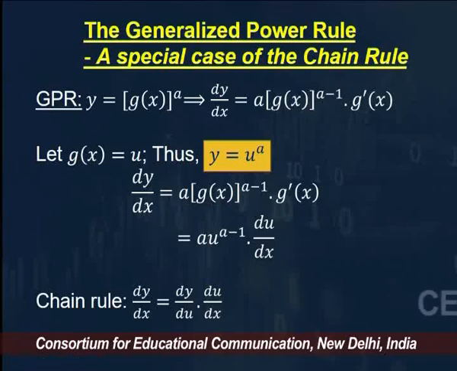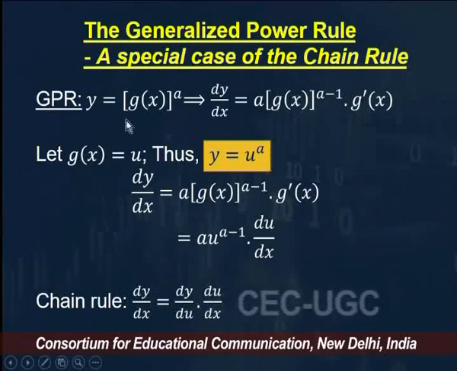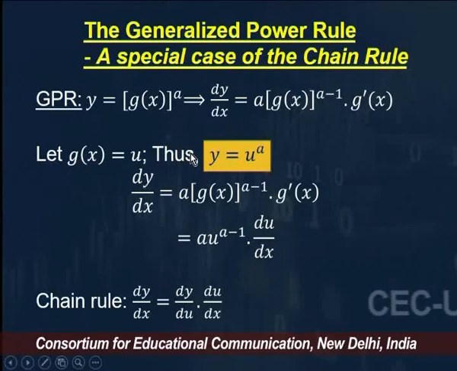So dy by dx, we said, was a times g of x to the power a minus 1 times g prime of x. Now, what we can do here is, let us suppose we put g of x as u. So in that case, our y will become u to the power a, because y is g of x to the power a.